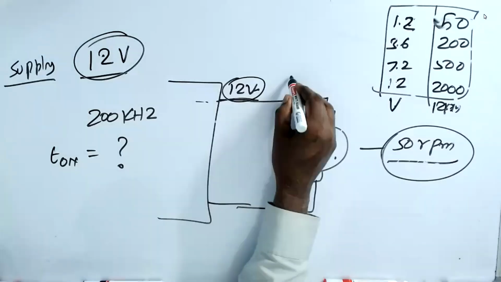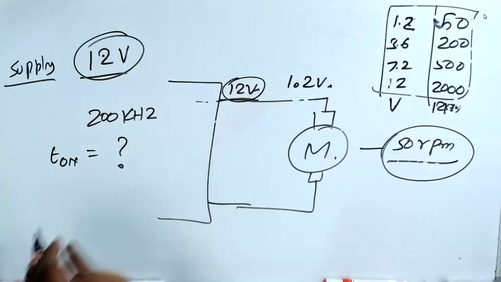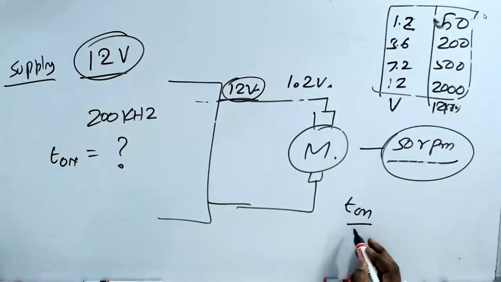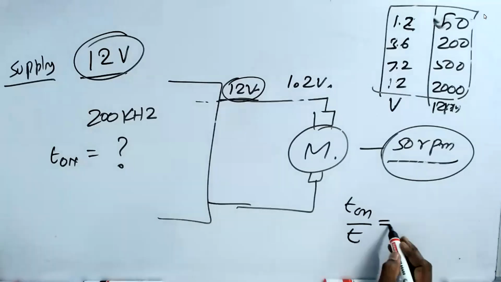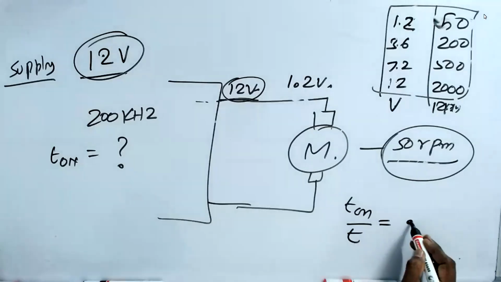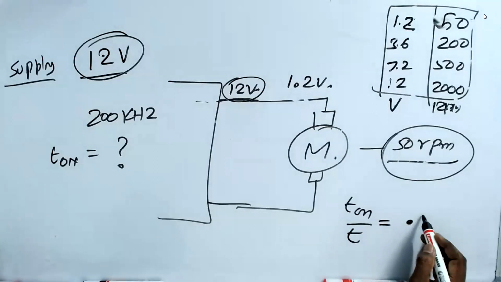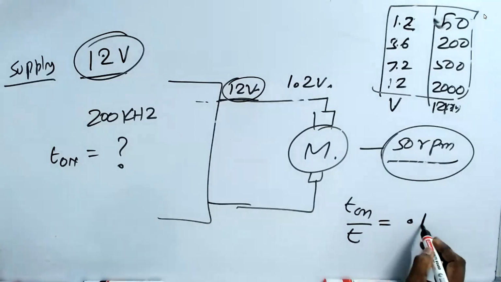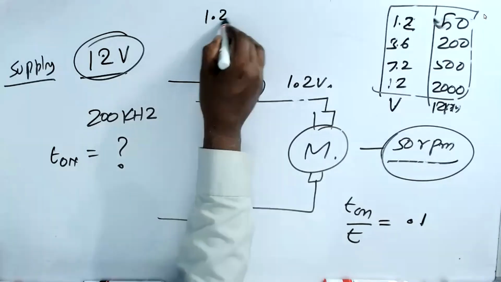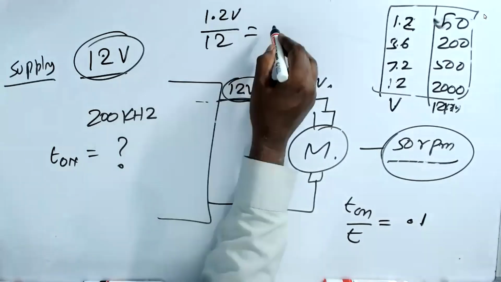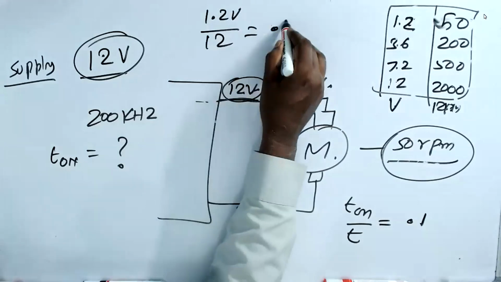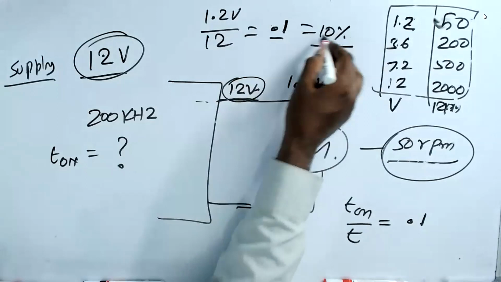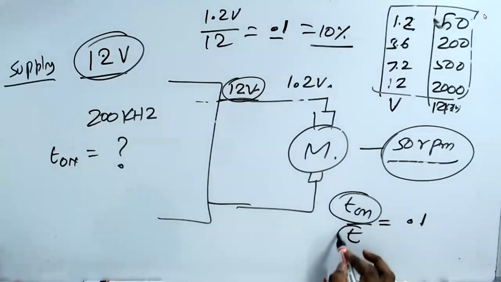That means T on by T is equal to 0.1, because you're applying 12 volts. So 1.2 volts divided by 12 volts is equal to 0.1 or 10%. Duty cycle is 10%. That means T on by T is equal to 0.1.